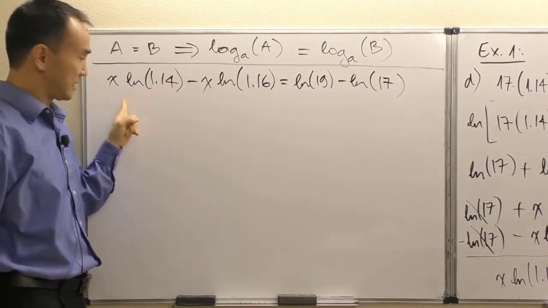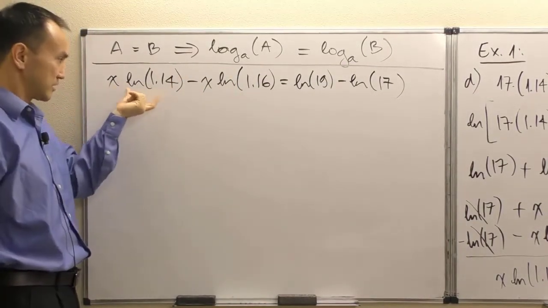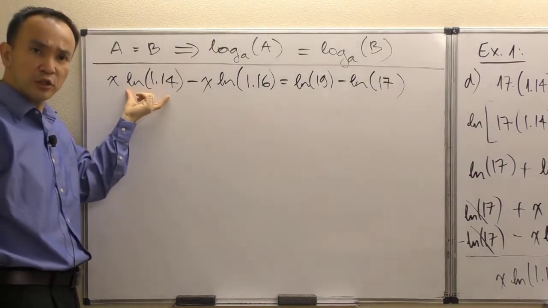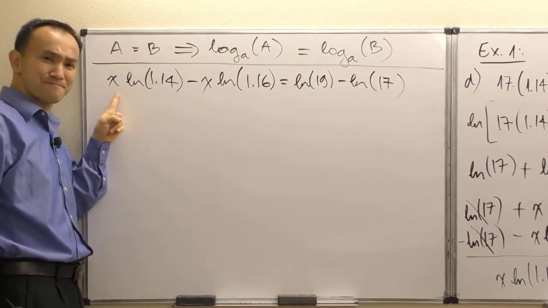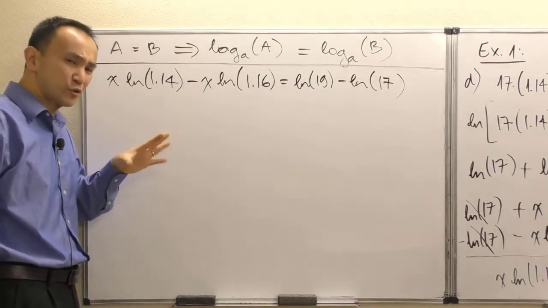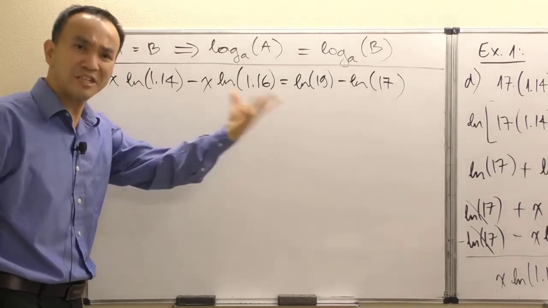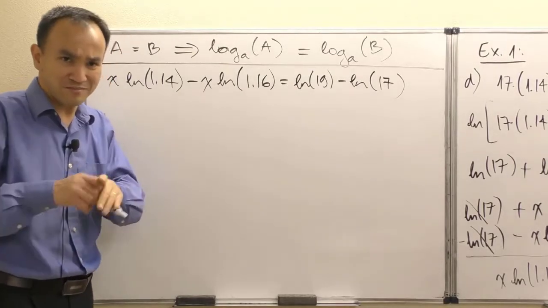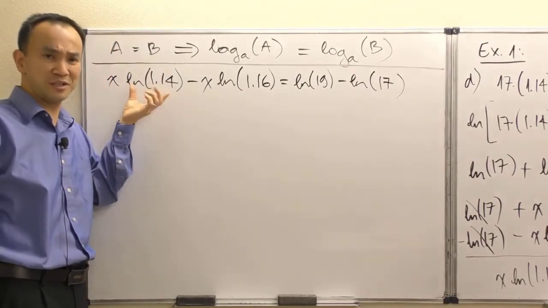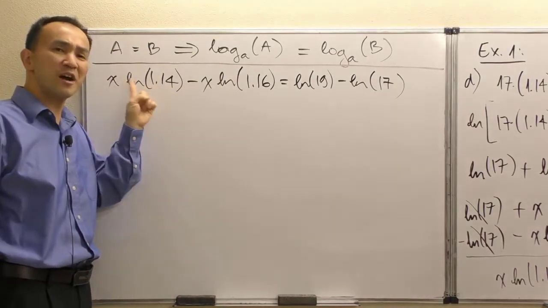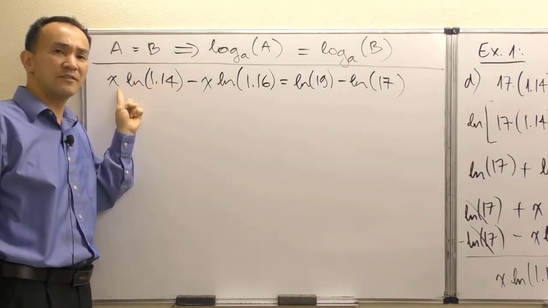Really the natural log of 1.14 here is just a coefficient, even though we write it behind our variable. It's a little unusual compared to what we normally deal with, but because it's such a big expression, even though it is a coefficient, we write it to the back of our variable.